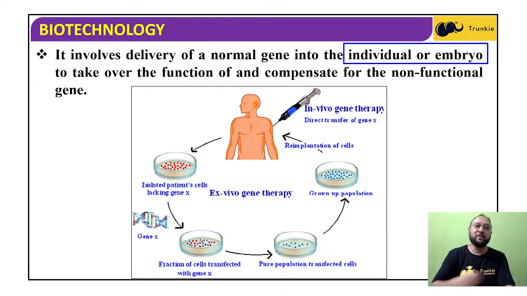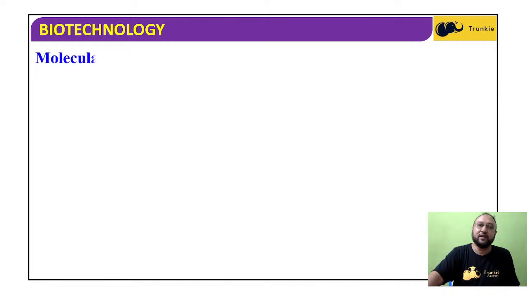Then we are isolating the patient cells lacking gene X, and then the gene X. Okay, a fraction of cells transferred with gene X, and then the pure population of transfected, that means inserted ones, is then again grown up in a population, multiplied, and then re-implanted into the cells of the human body. So that is the process of gene therapy.